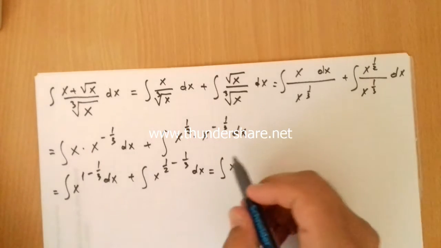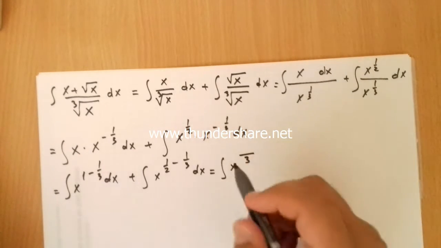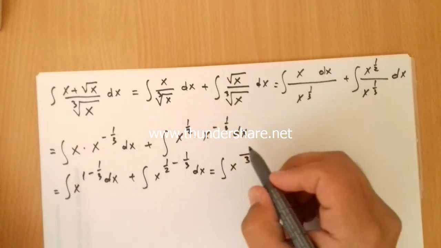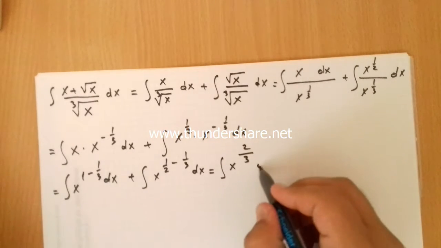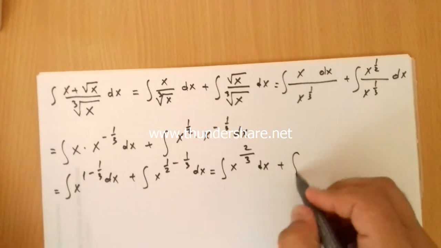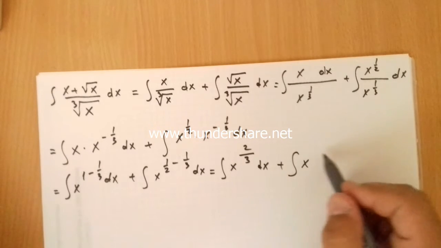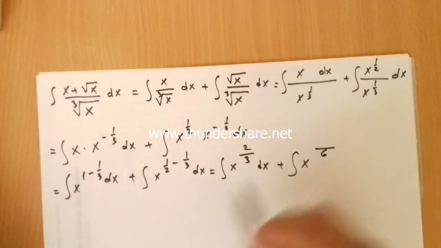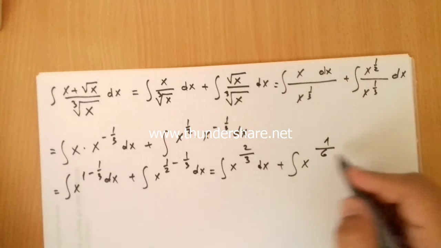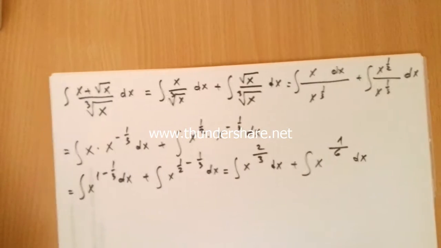So now 1 minus 1 over 3 is 2 over 3, dx, plus x to the 1 over 6 dx.